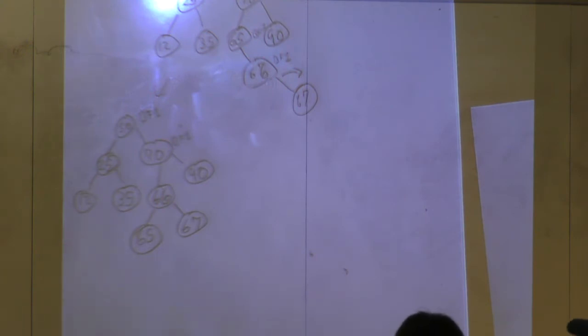Okay, now we can do a deletion. So we're going to delete 65 from this tree. And then we're going to delete 90. So we're going to start with, I'm sorry, not 90. We're going to delete 65. So if we delete 65, it just goes away, right, because it has no children, so 65 is gone.